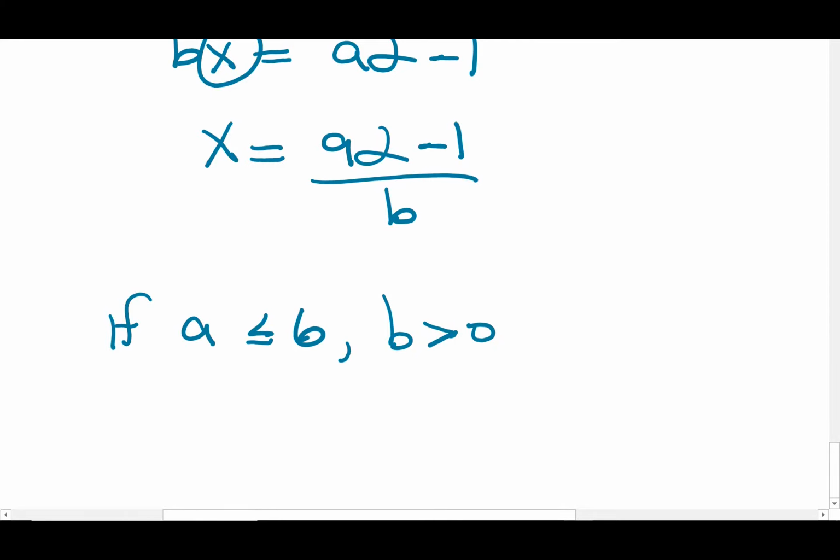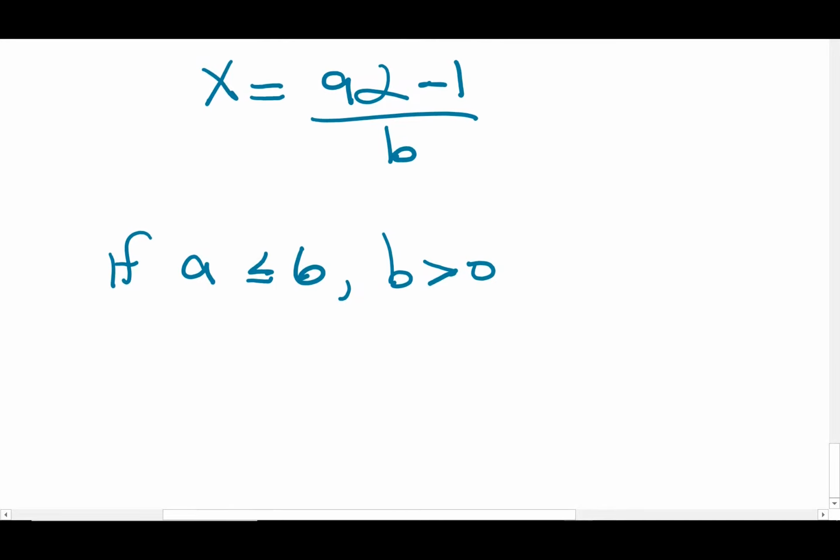Because if A is 6, that means B is 0, and if A is 5, B is 1, so B is positive. But if A is greater than 6, we know B is less than 0.